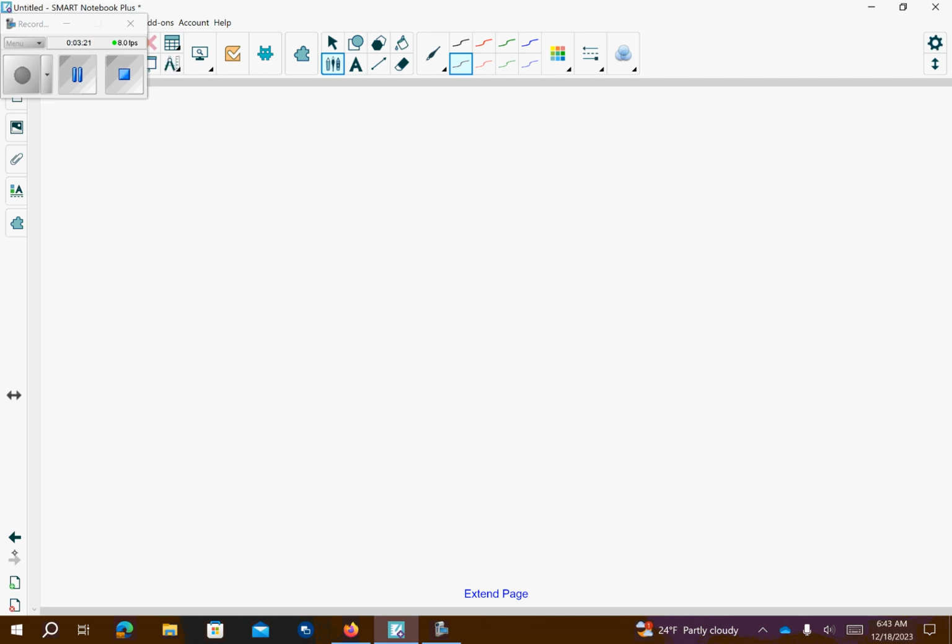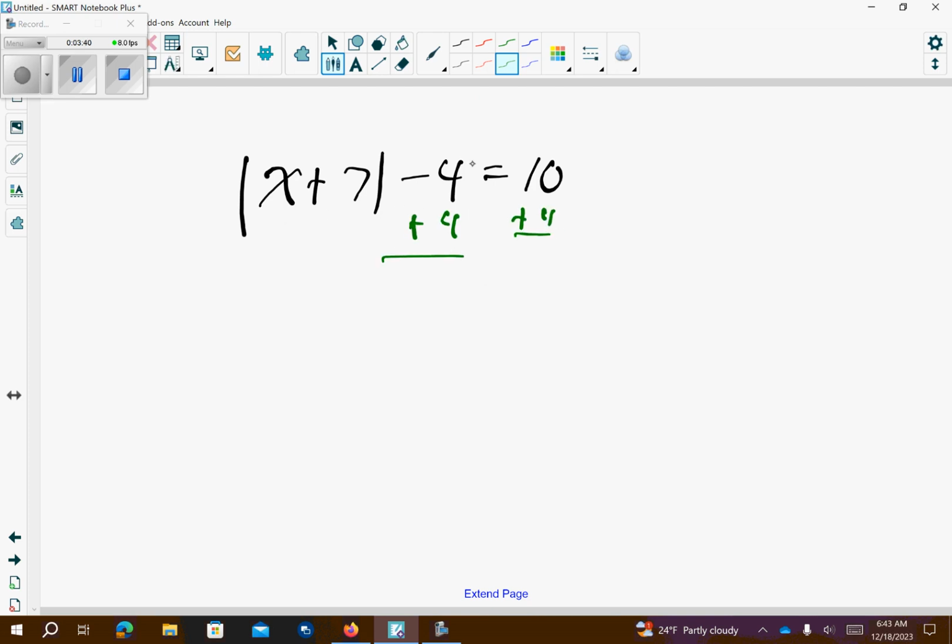Remember, let's do an absolute value problem. So if we had |x + 7| minus 4 is equal to 10. Remember with this problem, we're going to add 4 to both sides, so get rid of that. You keep the absolute value by itself, and then you can break the absolute value into two parts.